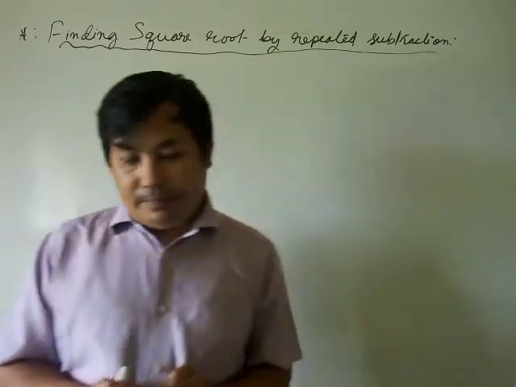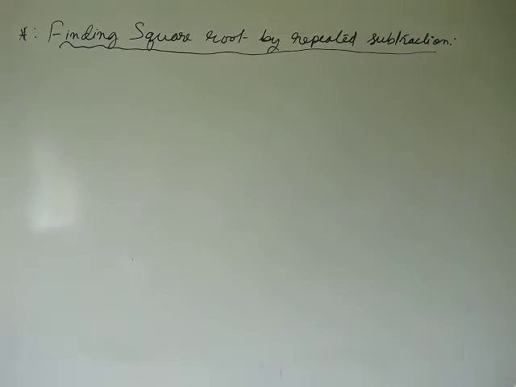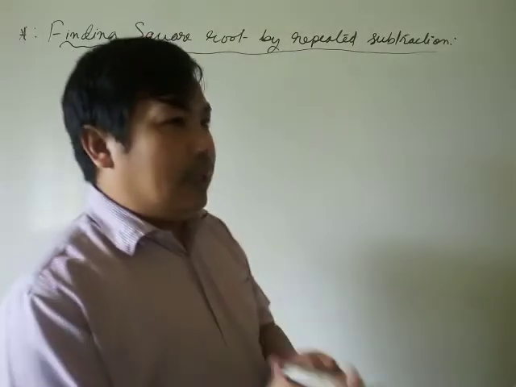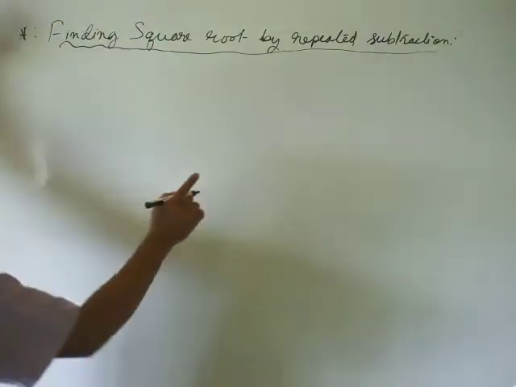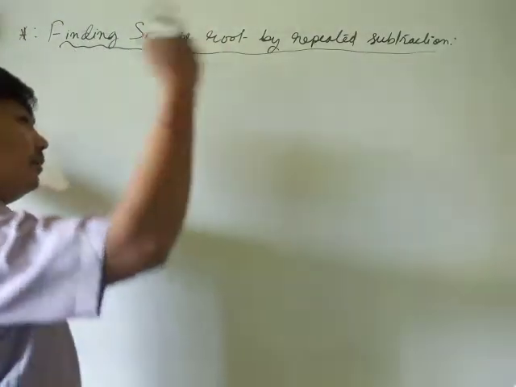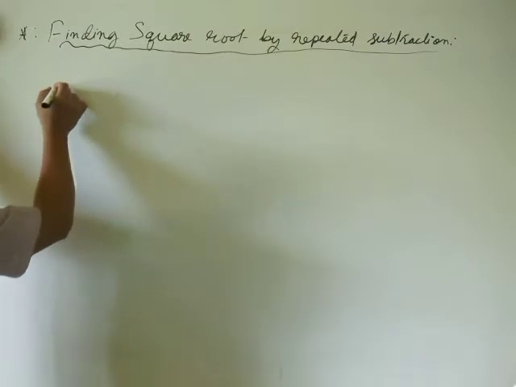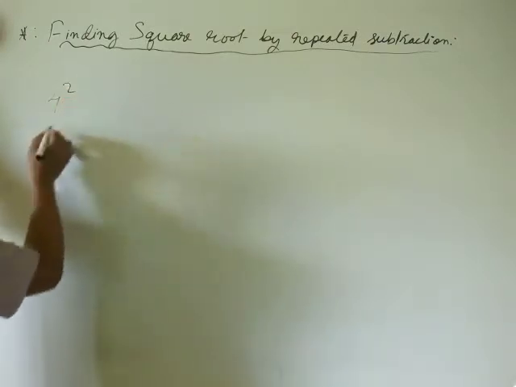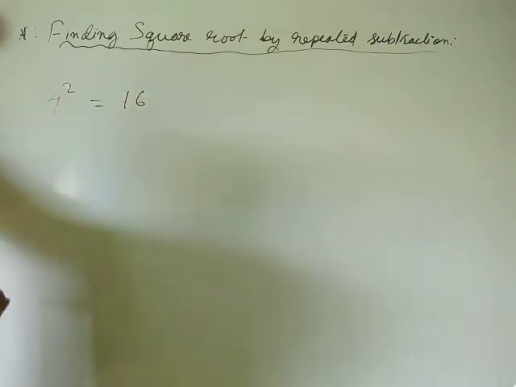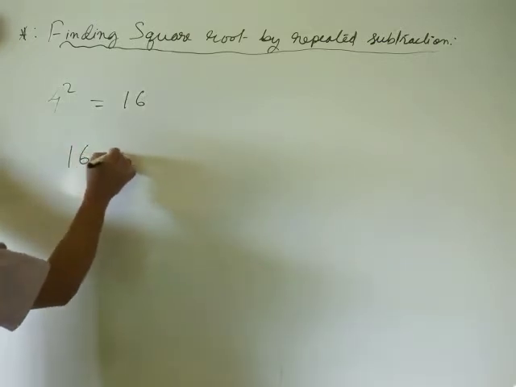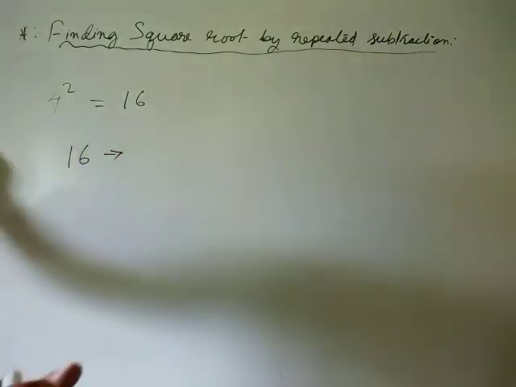So let us see. For example, 4 square, we know it is 16. So this 16 can be expressed as the sum of the first odd numbers.